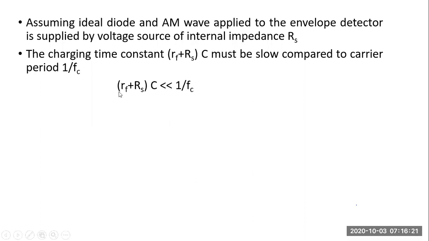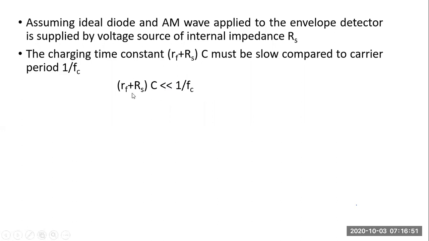So Rf plus Rs into C should be much less than the time period of the carrier, for the simple reason that it should follow the input. As the input changes, the voltage across the capacitor should also change. So we need this time constant Rf plus Rs into C to be much less than the time period of the carrier. It is the carrier which is changing.